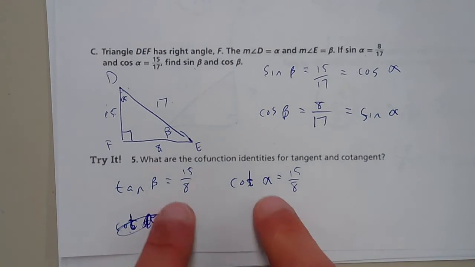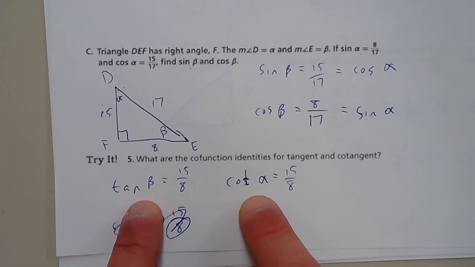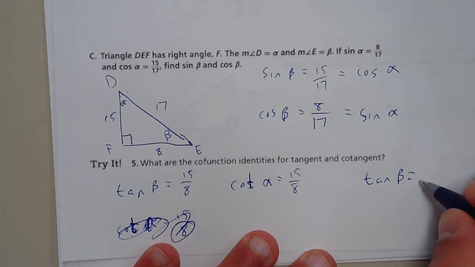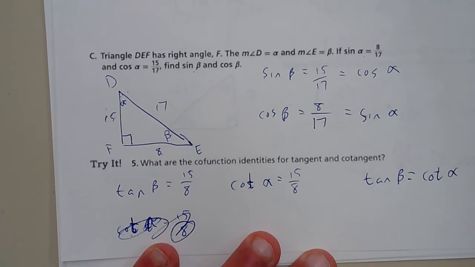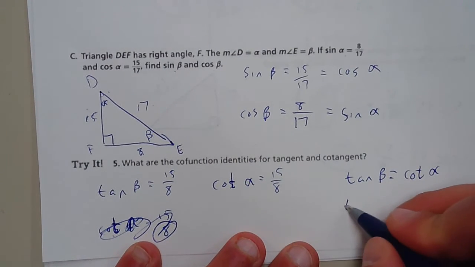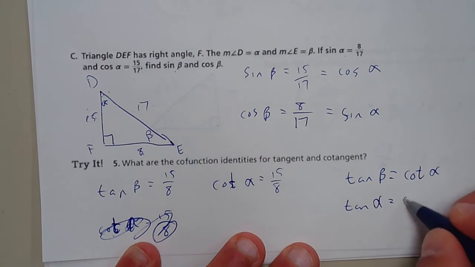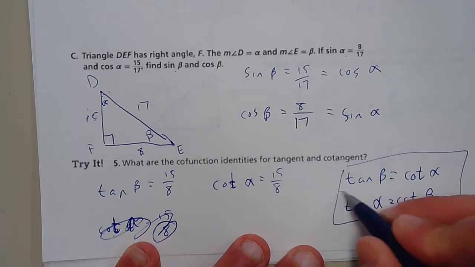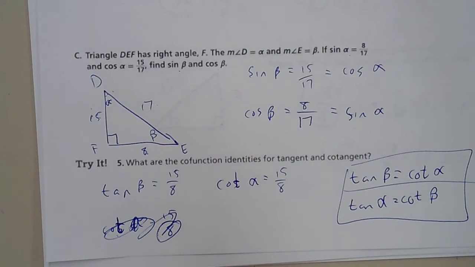And you notice those match each other. Again, the point I'm trying to make is that those are going to equal each other. That's a cofunction identity. So we could say that tangent beta equals cotangent alpha, as well as you could say tangent alpha equals cotangent beta. Those are two other identities that are true, and therefore tangent and cotangent are cofunctions.